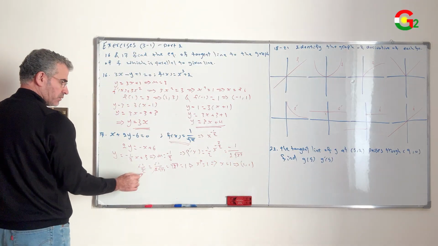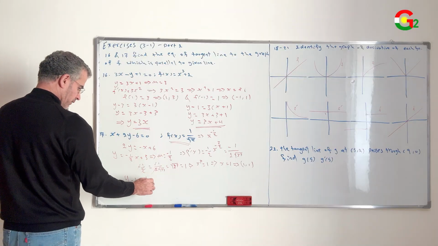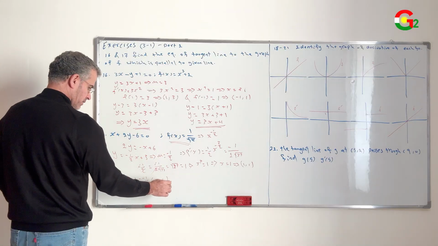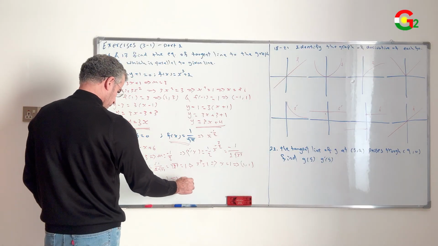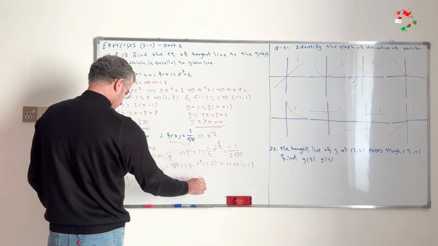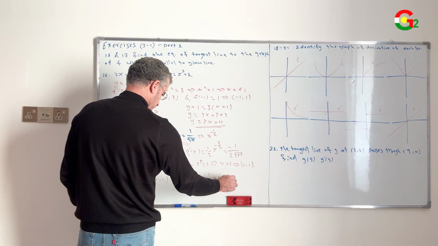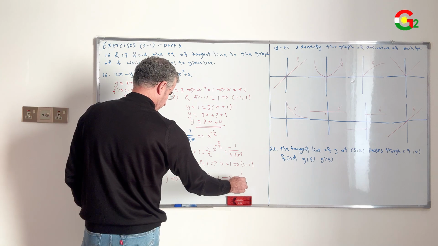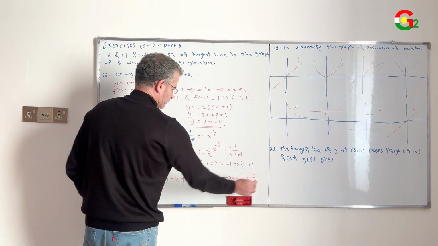Y minus y1 equal to the slope, negative 1/2, times x minus x1. Therefore, y equal to negative 1/2 x plus 1/2 plus 1. The equation is y equal to negative 1/2 x plus 3/2.